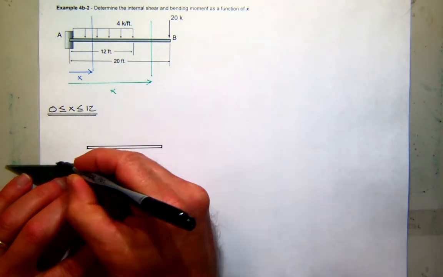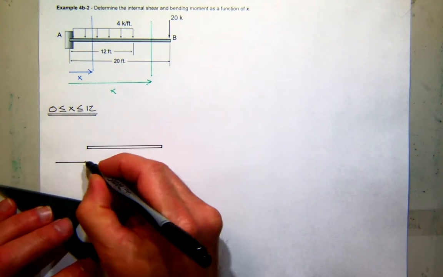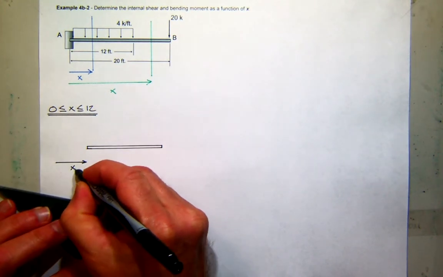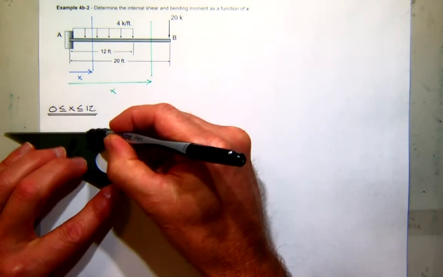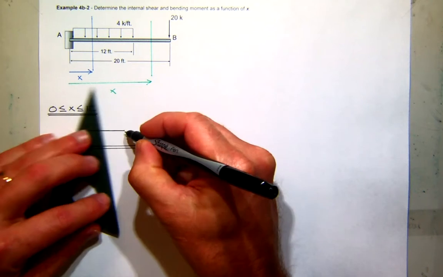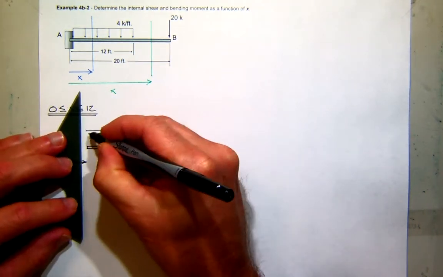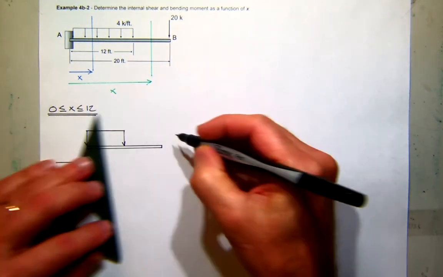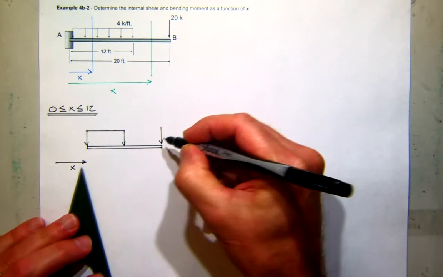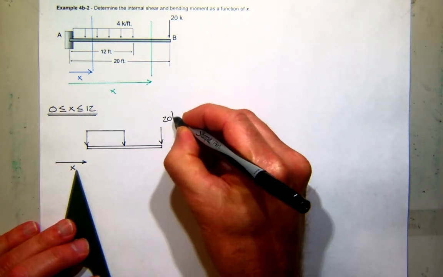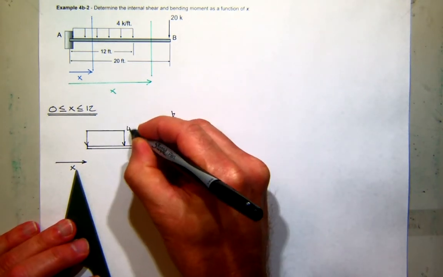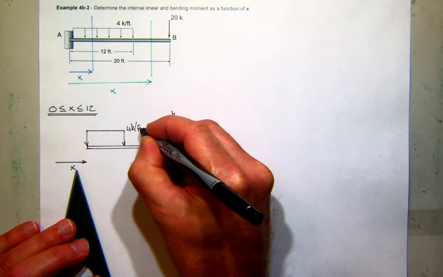So that means from the left side, this will be x. And then I'll have a partial loading. And then I'll have this load out here on the end. So I'm just transferring my information.